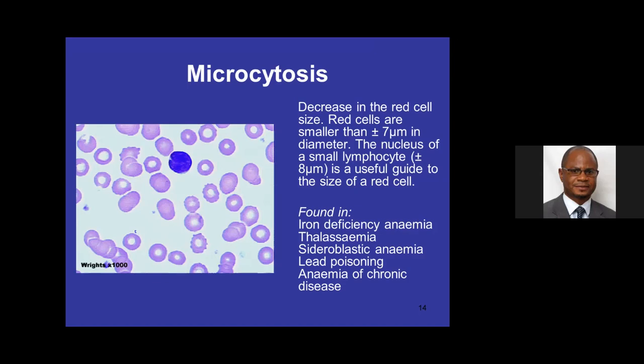You see microcytosis. Here also, I want you to look at the relation with MCV. In fact, for macrocytes, microcytes, and all that, try to relate it to the MCV. How would the MCV look in the situation of microcytosis or macrocytosis?